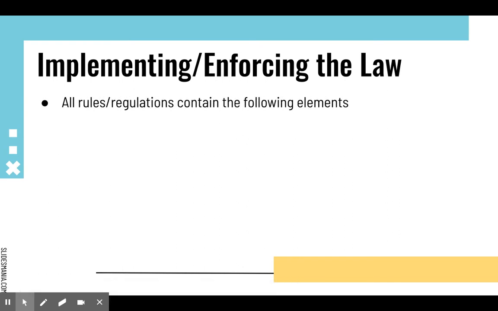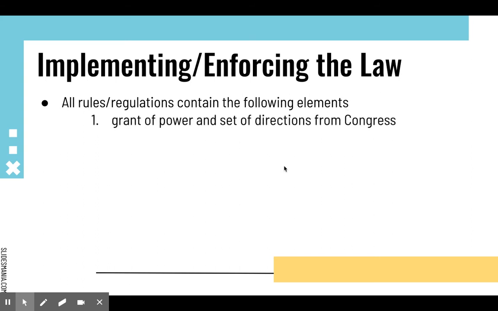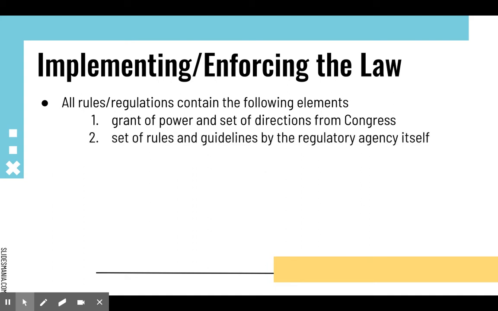All right, now let's talk about a little bit more of these rules and regulations. They all contain the following elements. First and foremost, as we've talked about, they get their power from Congress. These rules and regulations mention that. And also, they have a set of directions from Congress. Congress gives in the bill or law their mission, their goal, what they want the agency to do, or a broad guideline, right?